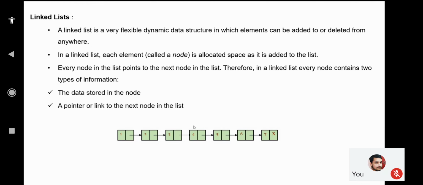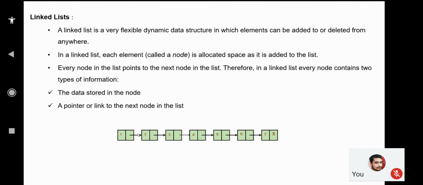The main disadvantage is that in an array, for storing a particular data, it takes 2 bytes, because the size of an integer is 2 bytes. But here for storing each data, we have to create a node, and that node has 2 parts. The first part is for data, and the second part is to store the address of the next node.